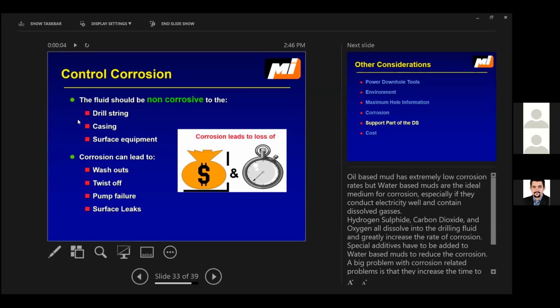Corrosion can lead to washouts, twist-offs, pump failure, and surface leaks.